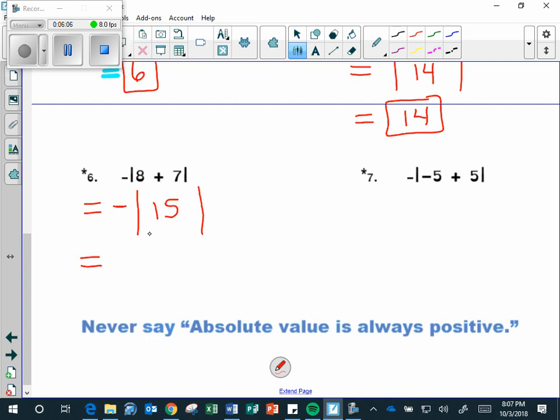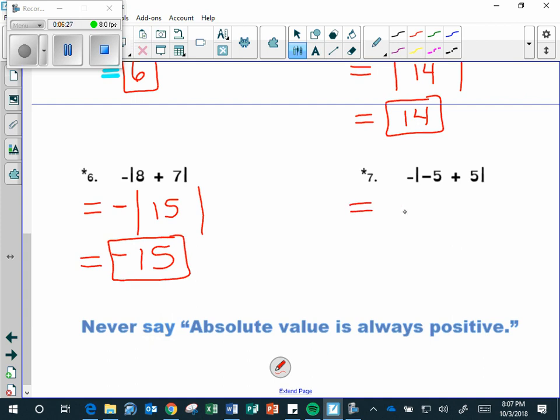You can think of it like I just said, this means the opposite of the absolute value of 15. Or you might just think about bringing down the negative, and then you just take the absolute value of 15, which is 15.